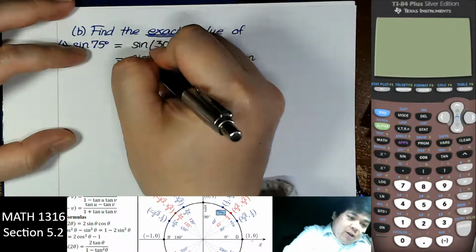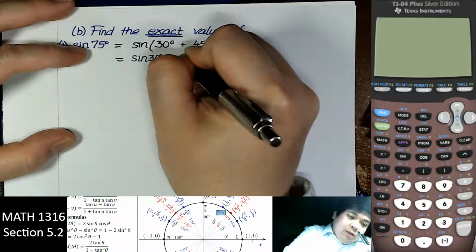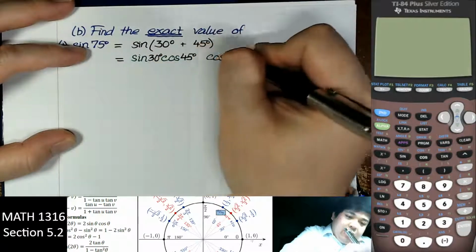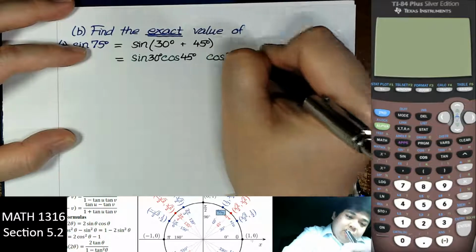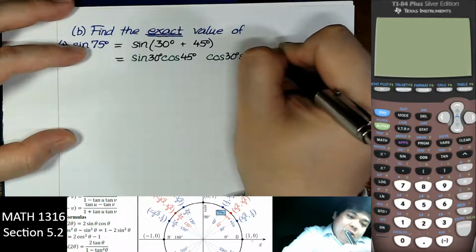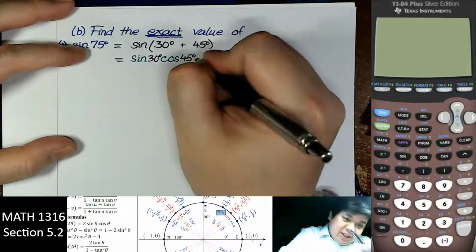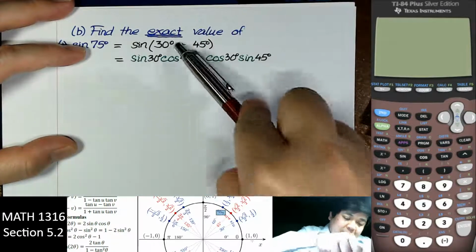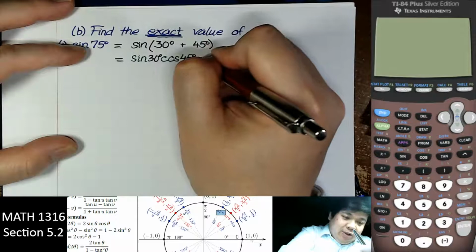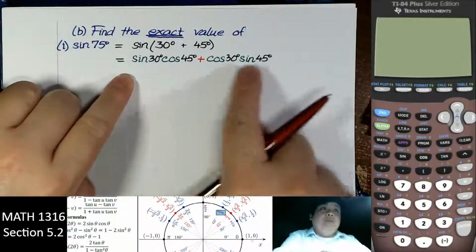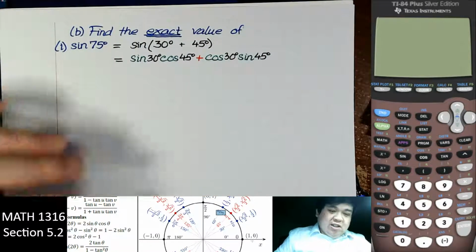So sine of 30 degrees, cosine 45 degrees. In the middle, the sign will be the same. If that's plus, we're going to have the plus, but the function will be different.